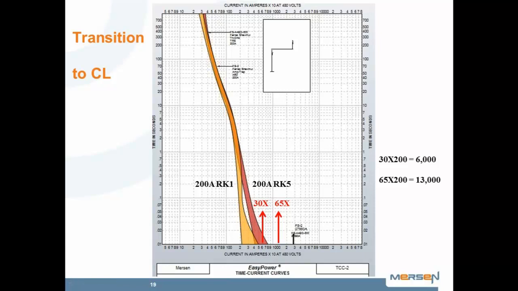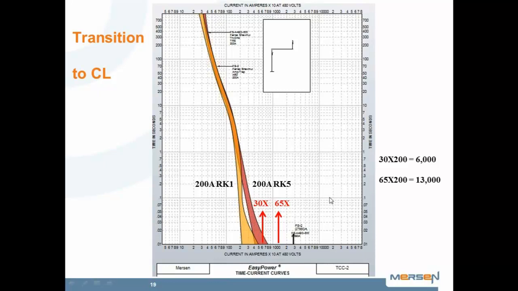This is from UL 248 for an RK1 fuse at 30 times the full load current rating. So if we observe over here, 200 amp fuse times 30 is 6,000 amps. At 6,000 amps, this yellow-orange fuse curve has to go into current limitation to be a UL listed fuse per UL RK1.